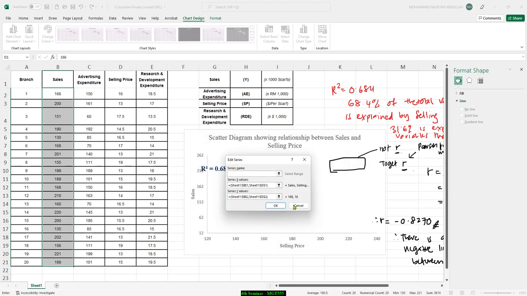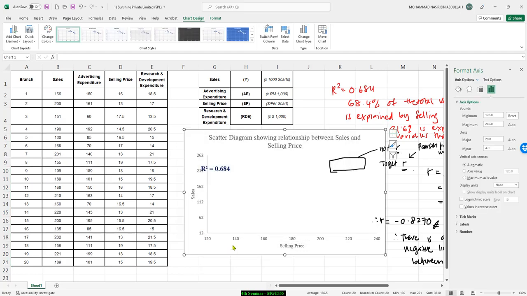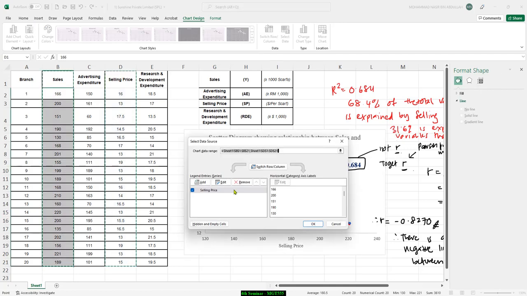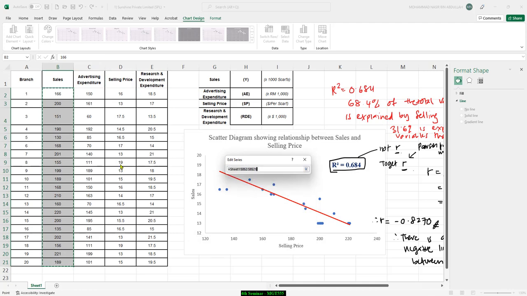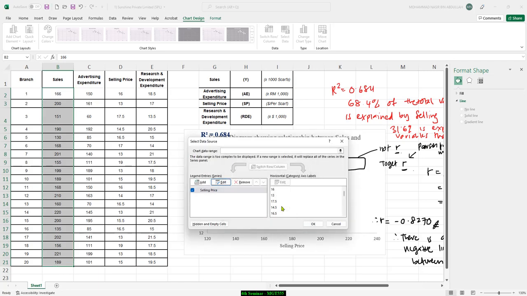Okay. Dekat sini kan kita tekan edit, right? Kita pergi sekali lagi dekat sini. Sebelum kita switch row and column kan, kita tekan select data and then kita tekan edit. So X value supposed to be selling price lah, right? X value selling price, Y value supposed to be sales, right? And then click OK and click OK.